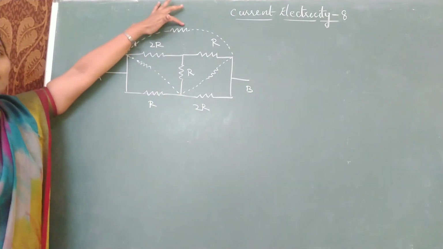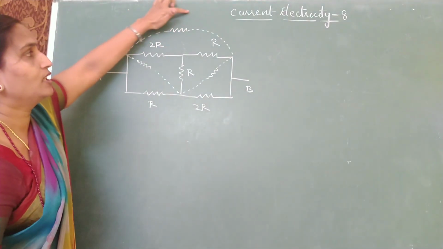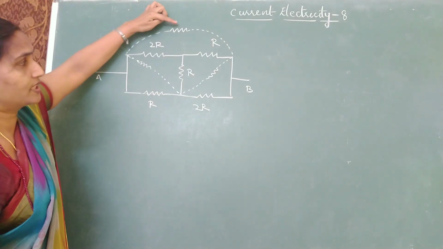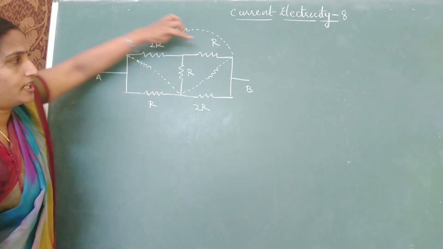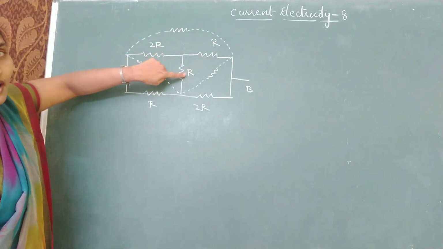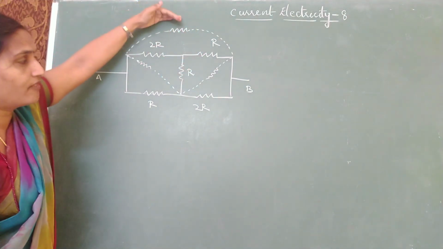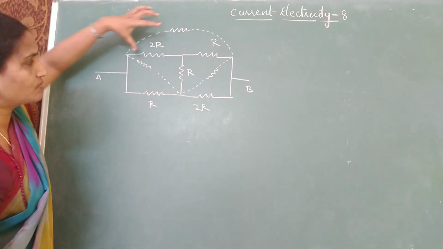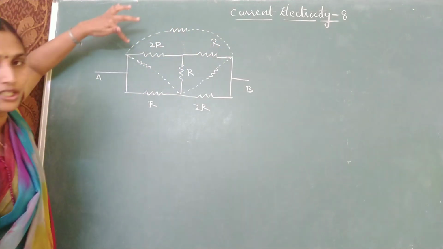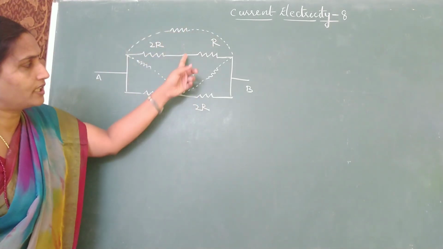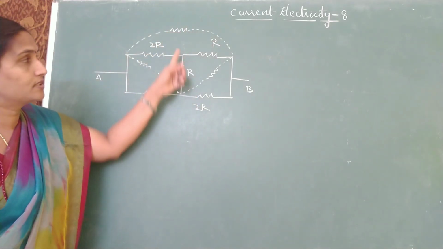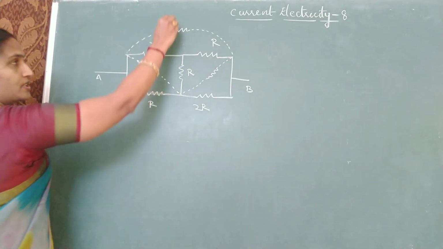Naming you can give whatever you want, but I want the value of this resistance. For getting this resistance, what is the formula I told you? RA RB plus RB RC plus RC RA divided by the resistance which is not connecting these two points. Other than 2R and R, which is the resistor which is not connecting them? Capital R.